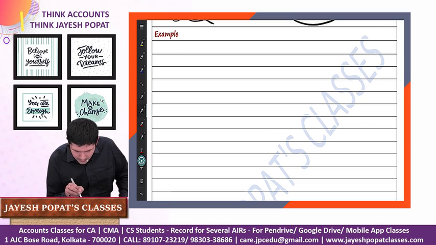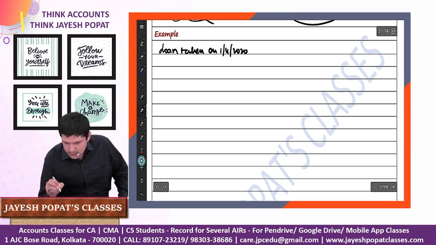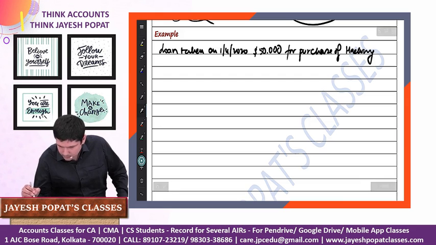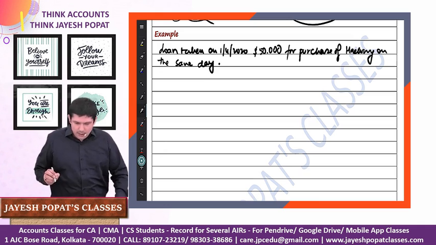Let's say a loan is taken on 1/4/2020, $50,000, for purchase of machinery on the same day, right?